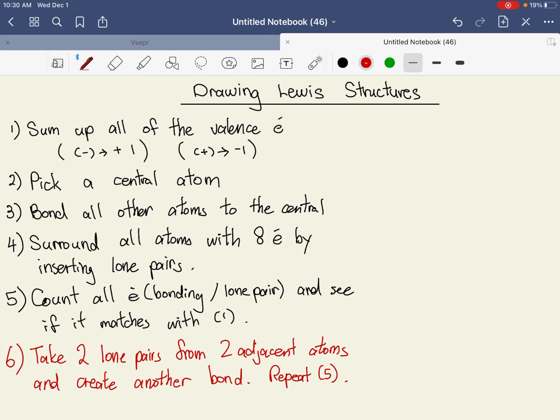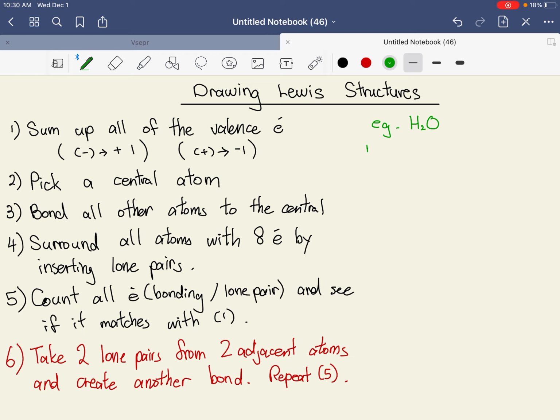So let's apply this to something that we know how to draw already. Let's apply this to water. We know how to draw water, right? That's probably one of the first things that you drew back in the day. Let's see if the octet rule actually works. So let's draw water. Step 1, sum up all the valence electrons.